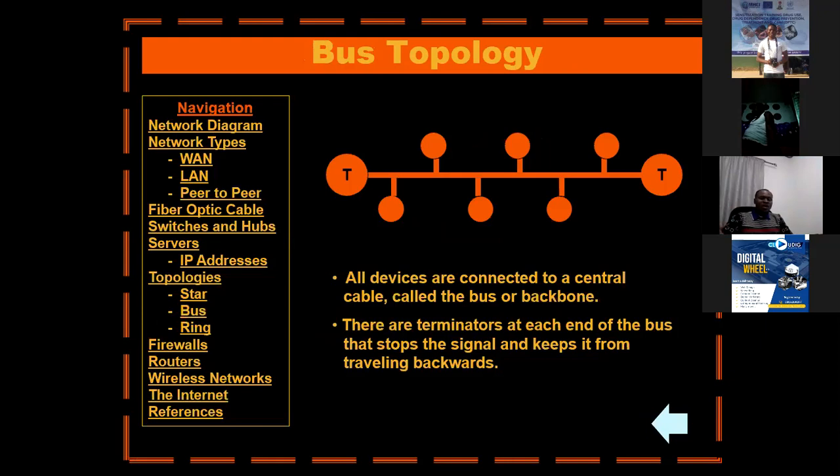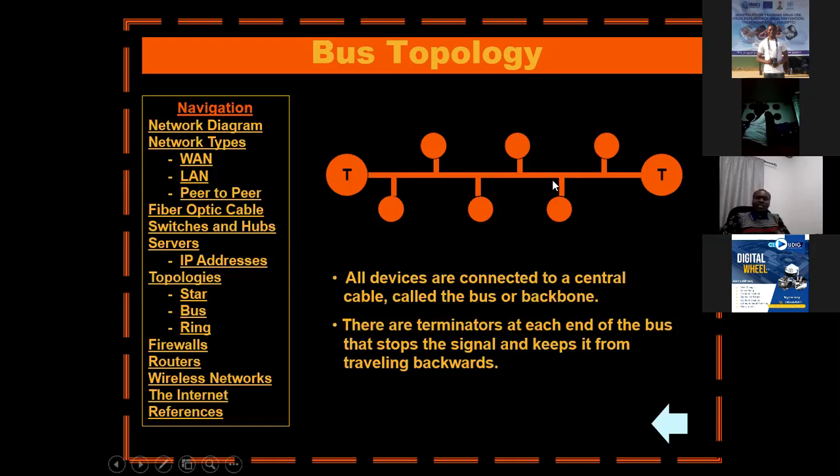You have terminators at each of the ends, and you have devices connected to it to enable communication. All devices are connected to a central cable called the bus or backbone. There are terminators at each end of the bus that stop the signal and keep it from traveling backwards. So on this very place, you have a terminator here, you have a terminator here, and on all of these points to enable this.